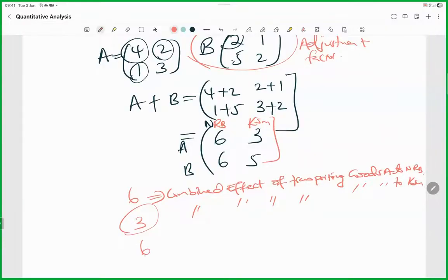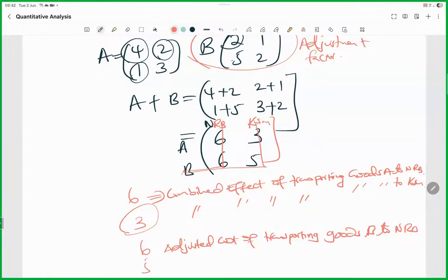Then we have these other 6 here. So it's goods B, Nairobi, adjusted cost of transporting goods B to Nairobi. Then B to Kisumu, the 5. I suppose you've gotten an idea, ladies and gentlemen. Even if you were to speak about just the normal transportation cost, that would still be okay.